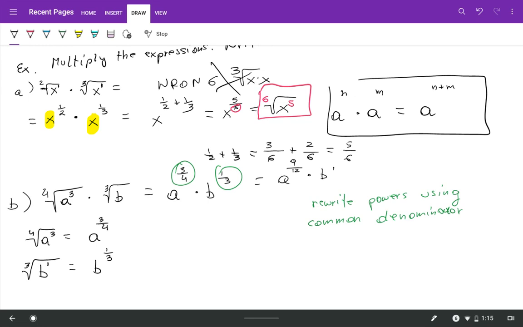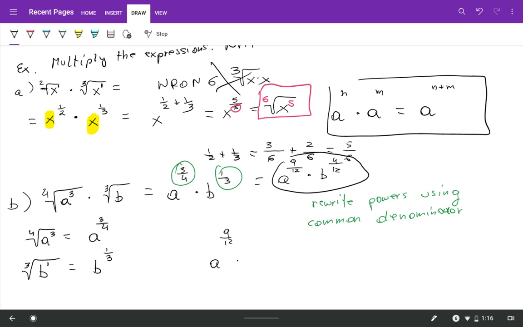So that will give us a to the power of, with 3 over 4 and 1/3 the common denominator is 12, times b, and the common denominator will be 12, so that will be 4.